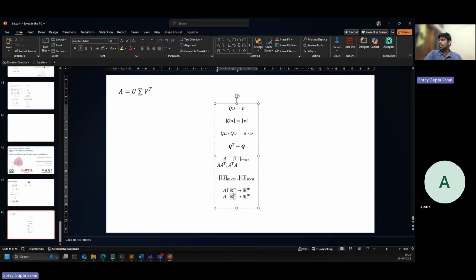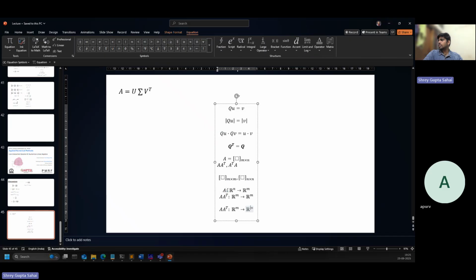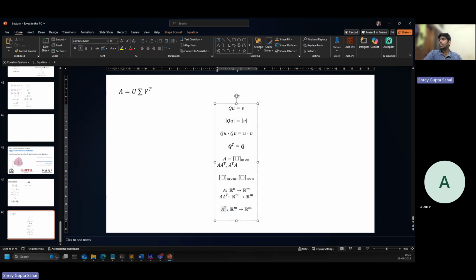So A transpose is having it in only M domain. So its domain is also M and its range is also M. Whereas A transpose A is doing it in n dimensional space.